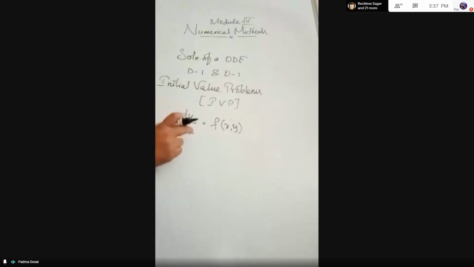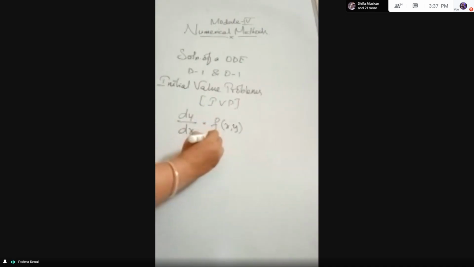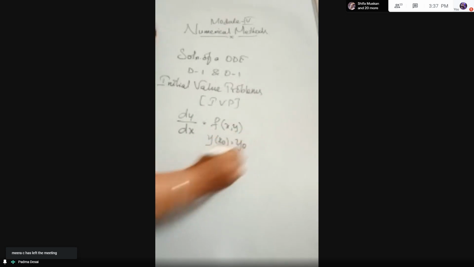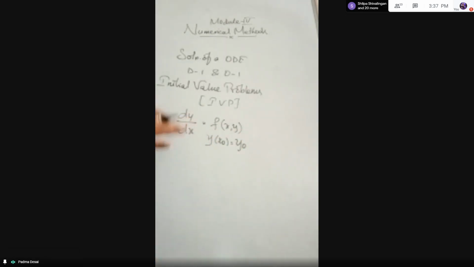And if you have to find the solution of this particular equation, given that some initial conditions are there, usually the conditions in general are given like this: y of x naught equal to y naught. Then what is the solution of such a first order, first degree problem? So you call such a problem to solve dy by dx equal to f of x comma y under the given initial conditions.